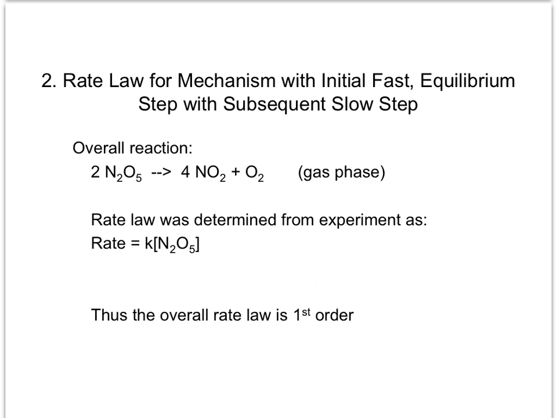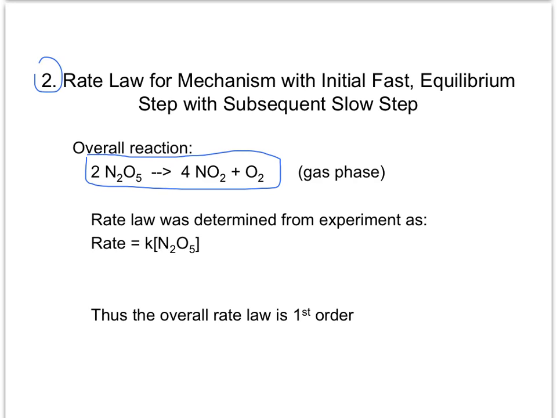All right, now there's another mechanism. I labeled it 2 here, and this one is a lot tougher to get through, but we use the same principle, the bottleneck principle, which states the rate of the reaction is equal to the rate of the slow step. So we have an overall reaction again. We've seen this one before.